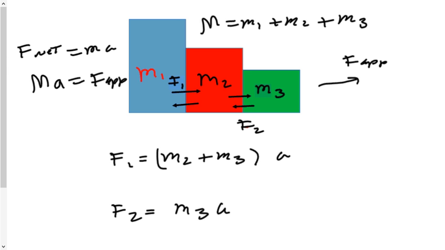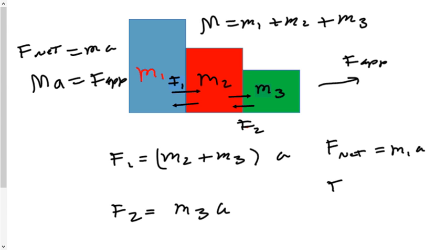If I wanted to calculate the net forces on any one of those objects, I can say force net equals M1 times A. That would be the force net on the M1 box.